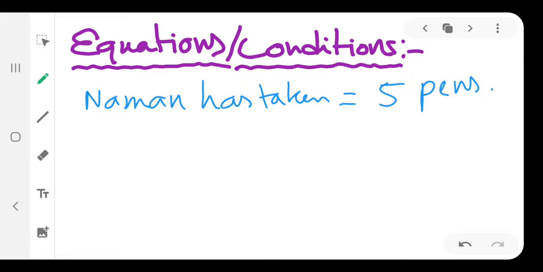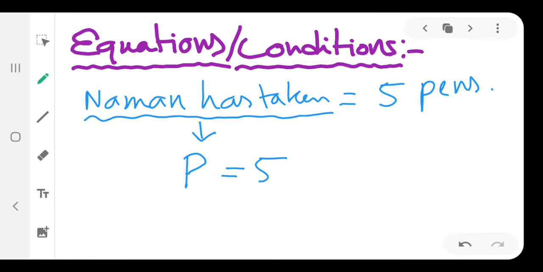This whole thing can be an equation. Naman has taken how many pens? 5 pens. So instead of this, if I write any alphabet, since a variable can take anything, like say P, so P will be 5. What is P? P represents how many pens Naman has taken.